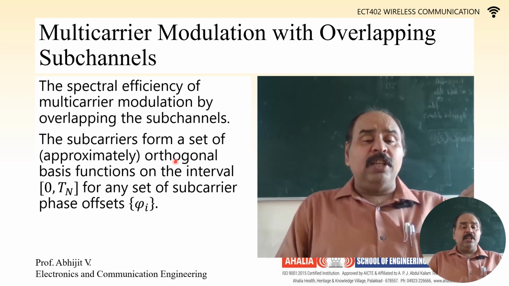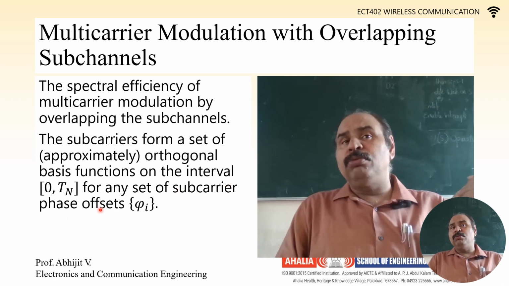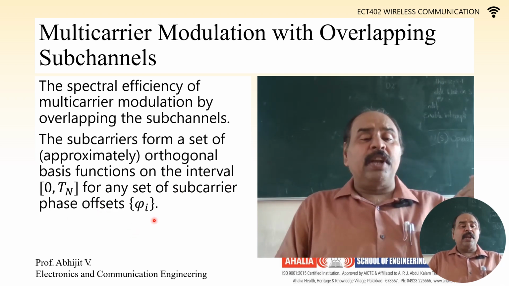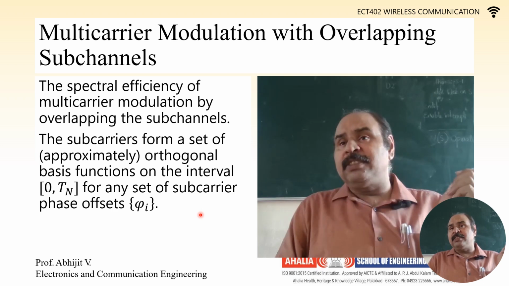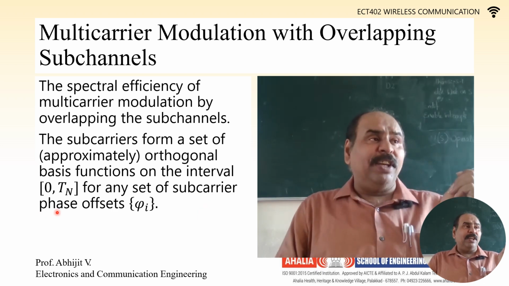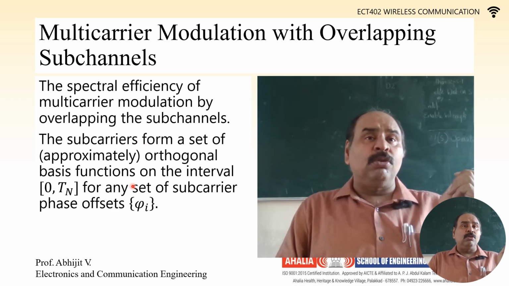The subcarriers form a set of orthogonal basis functions on the interval 0 to Tn for any set of subcarrier phase offsets phi i. Let us take subcarrier phase offsets to be phi i. Okay, all these are orthogonal channels.